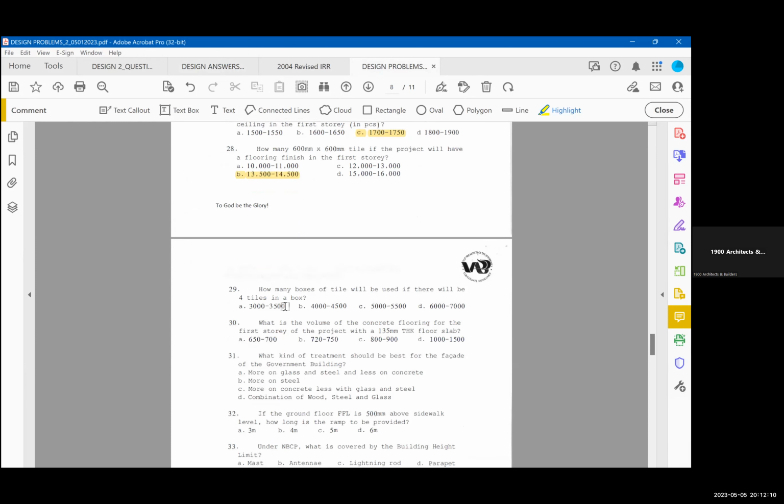Number 29. How many boxes of tile will be used if there will be 4 tiles in a box? Madali na lang yun. So, i-compute nyo lang. I-divide nyo lang dun sa 4.